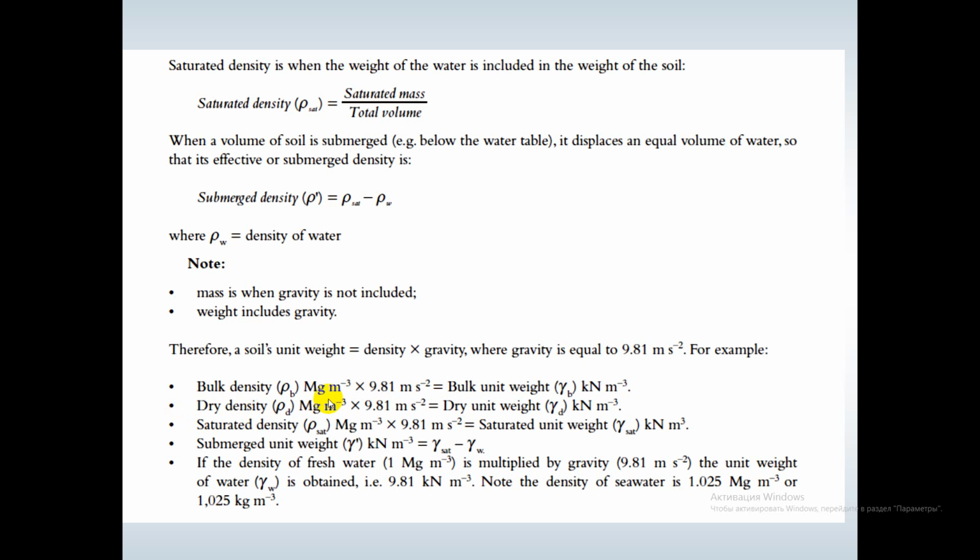Dry density multiplied by gravity equals dry unit weight. Saturated density multiplied by gravity equals saturated unit weight. Submerged unit weight equals saturated unit weight minus the unit weight of water.